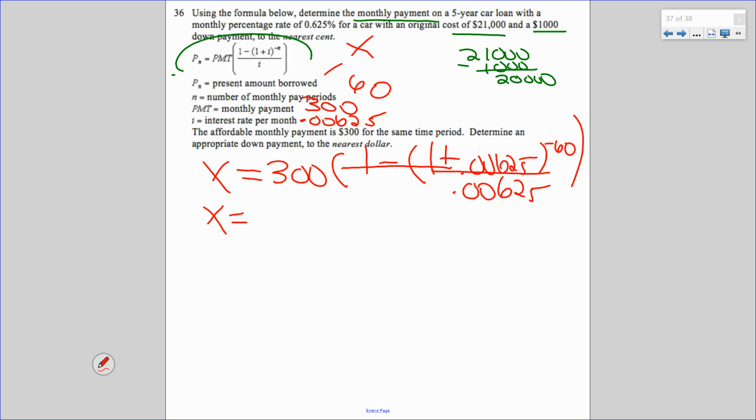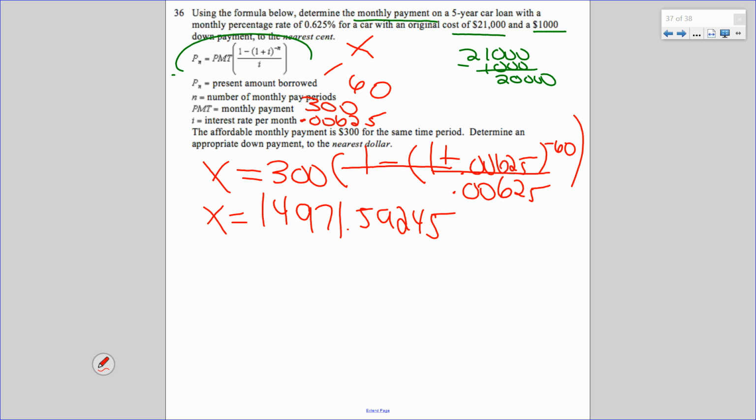My I again is 0.00625 to the power of negative 60 over my denominator, which is 0.00625. And I got 14,971.5924. So that's how much the loan is going to be for. I'm going to round it at the end.